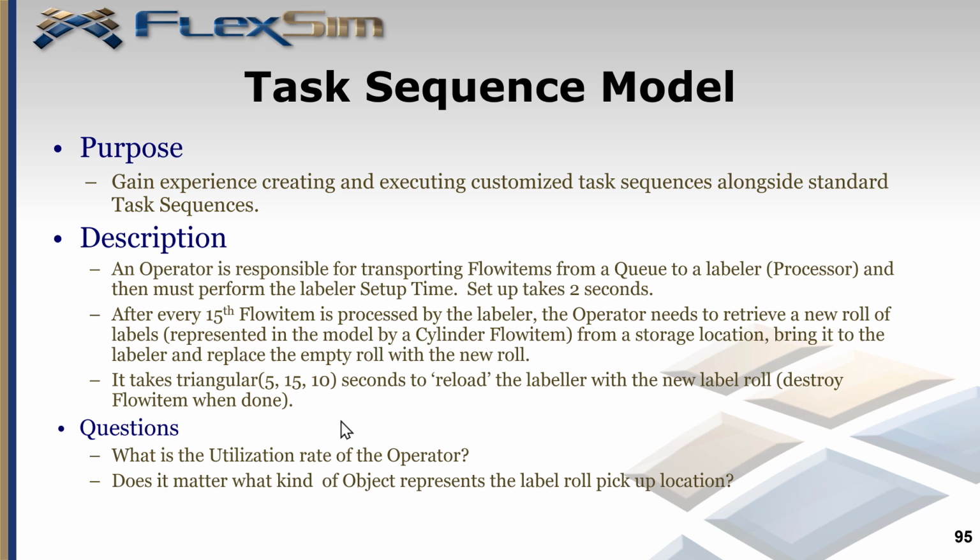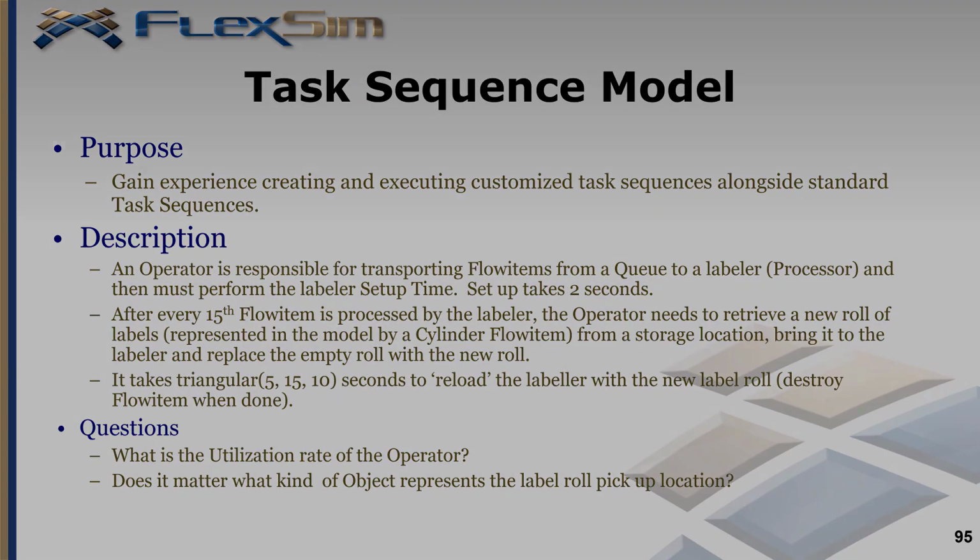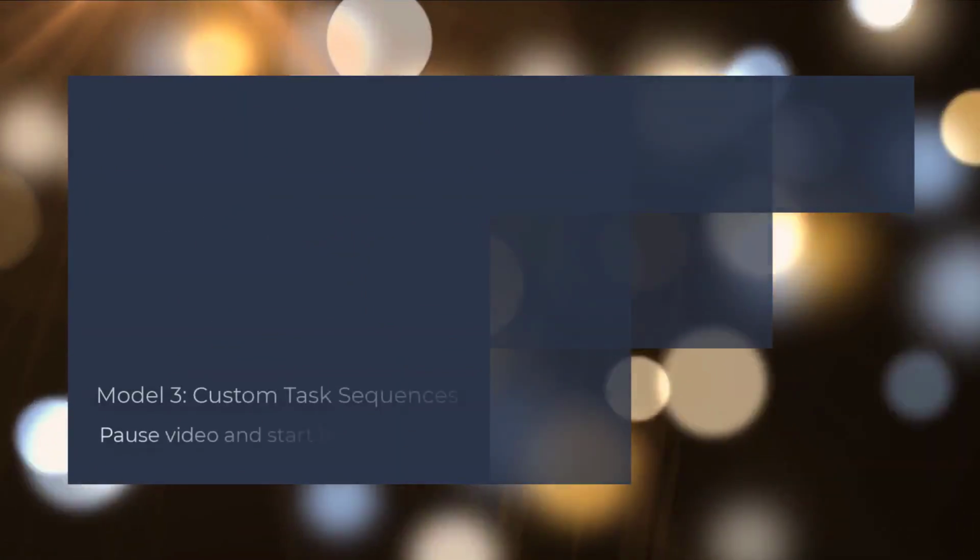But the processor cannot be accepting a new flow item to be labeled during that time. As for how to model every 15th flow item, I'm hoping you'll be able to figure that out using the batch activity. Okay, it's now time for you to try to build this model on your own.